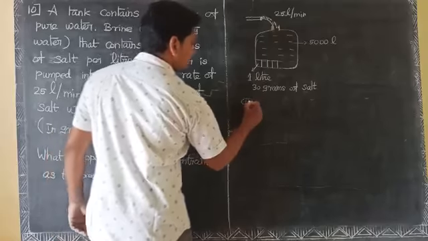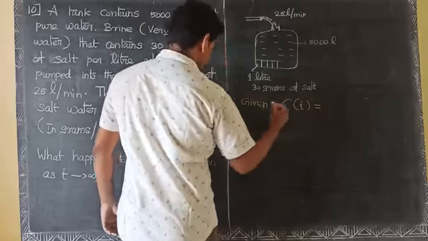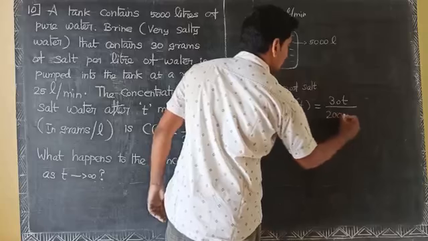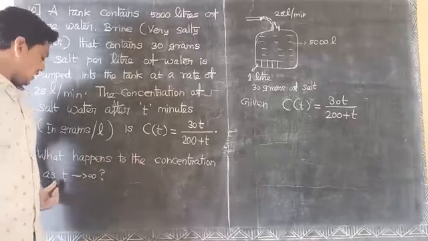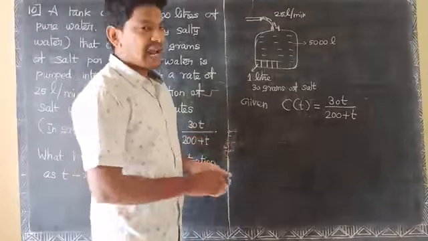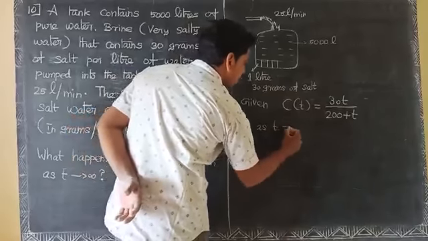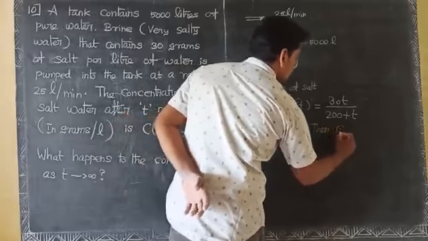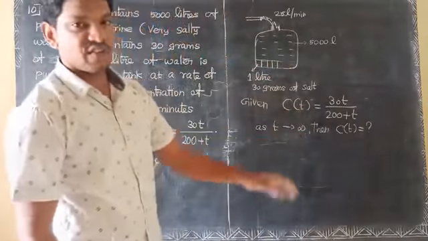Given c of t equals 30t divided by 200 plus t. What happens to the concentration as t approaches infinity? That means as t approaches infinity, what is the value of c of t?